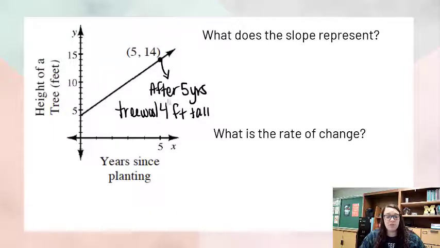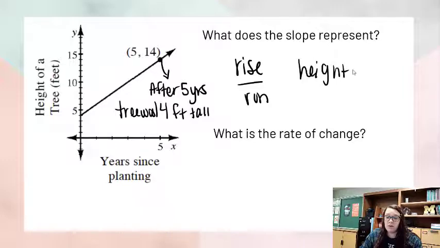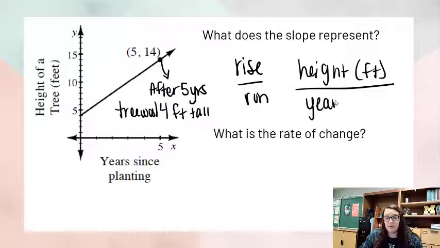So in this case, what does slope represent? Well, it's rise over run, we know. And rise is height in this case, so this is the height in feet, over the run, which is X's, years since planting. All right, and then let's see, what's the rate of change?